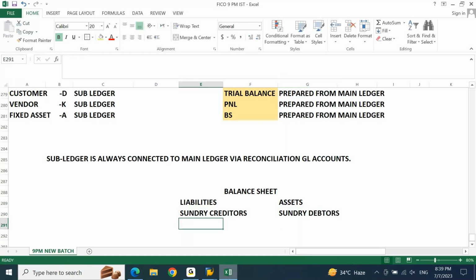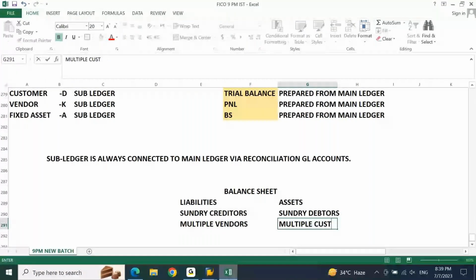Correct? Anybody heard these terms? Yes, yes, sir. Right? When you talk about sundry creditors, this is multiple vendors. Sundry debtors means multiple customers.